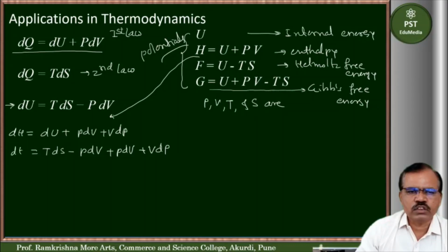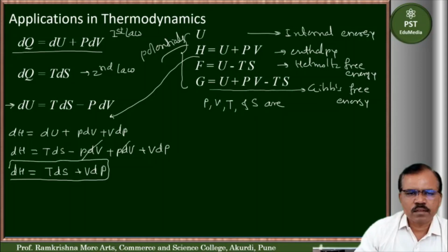This is dh. So we got dh is equal to Tds plus vdp, because these two will cancel. So we got here the second differential.